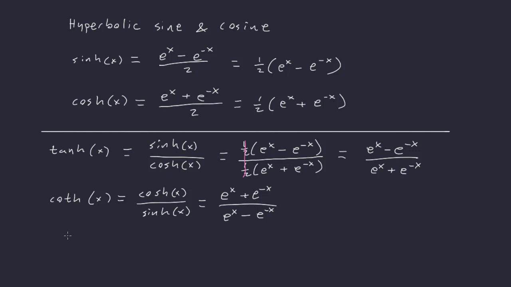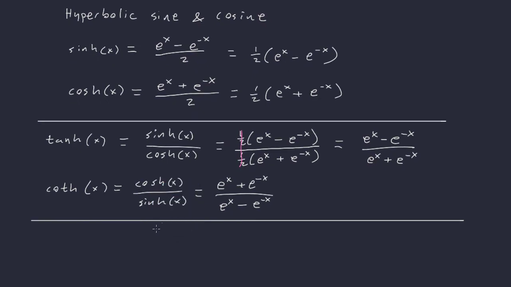All right, then we have our hyperbolic secant and cosecant. So secant, well, remember, our normal secant is cosine flipped over. It's the same idea here. Sech is going to be 1 over cosh.